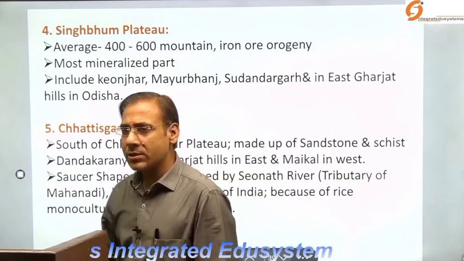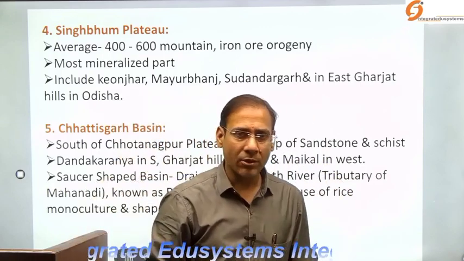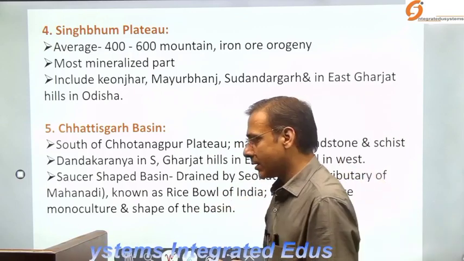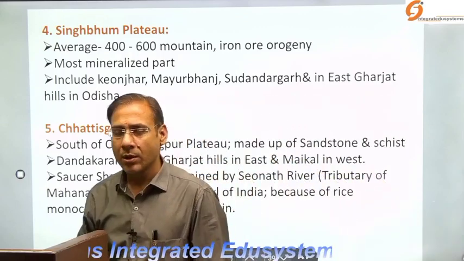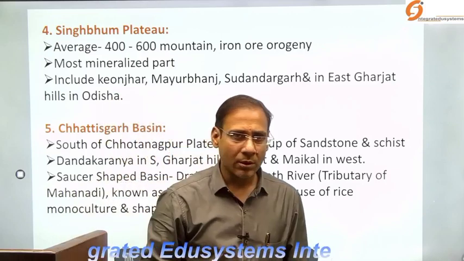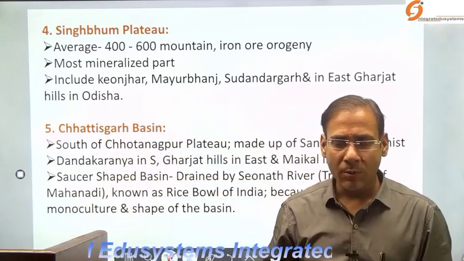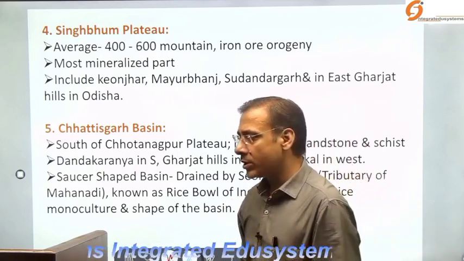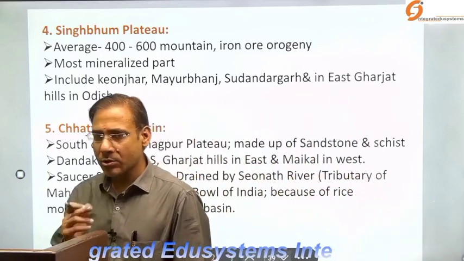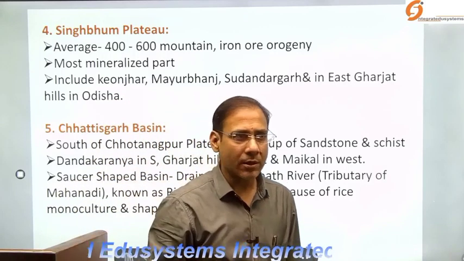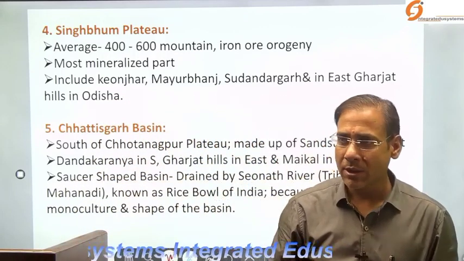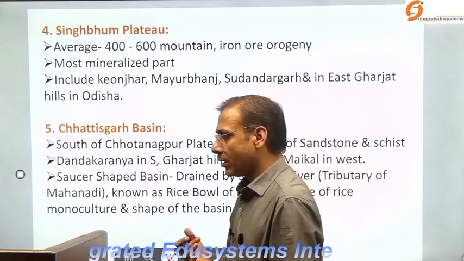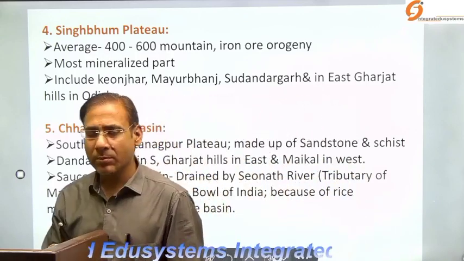When you look at this region, there is accessibility of minerals, of power, and of ports, because Singhbhum is close to West Bengal, that is the Kolkata port, as well as Odisha, that is the Paradip port. The produce needs a market, and to reach international markets you need port facilities. So why was this region chosen by industrialists?